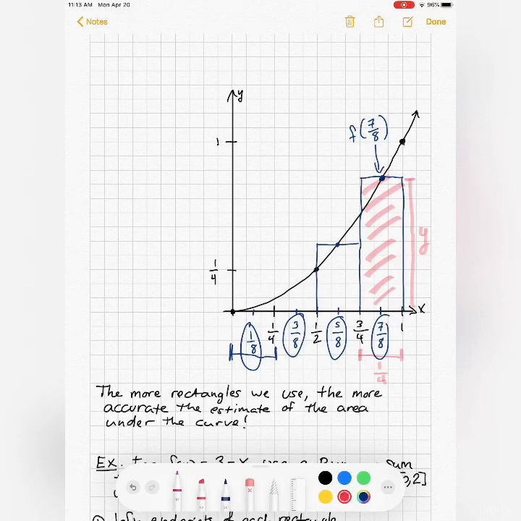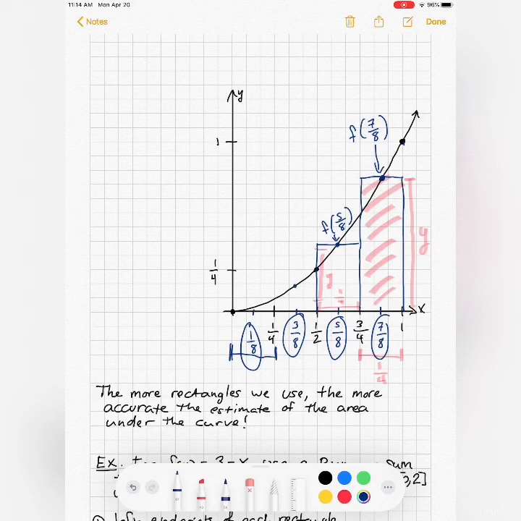So again, that rectangle, its base is 1/4 again. Its height, its y value, I'm going to have to actually plug in the 5/8, right? To get the y value at that point.